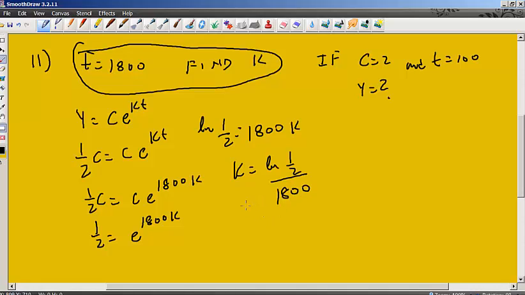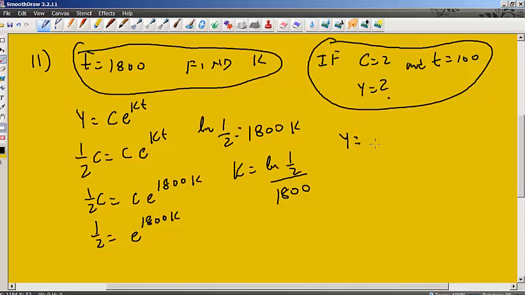Now notice I didn't go into a decimal right now because I don't want to generate what's called a round-off error. Because I have to go find this value, I'm going to have a closer answer than if I turn it to a decimal. So I'm going to leave this as is. I'm going to have Y is equal to C, which is 2 grams, 2 e to the ln of 1/2 over 1800 times 100.